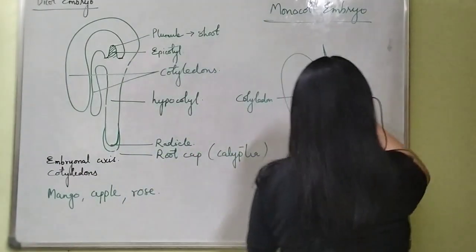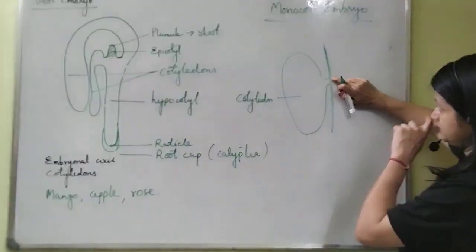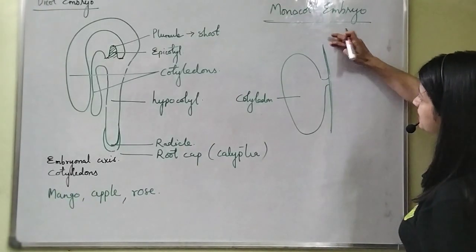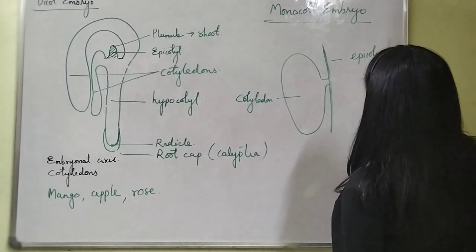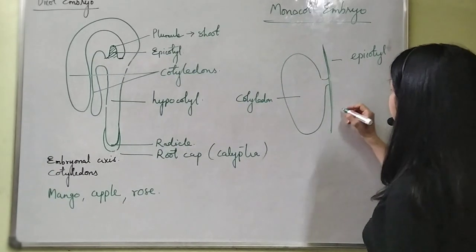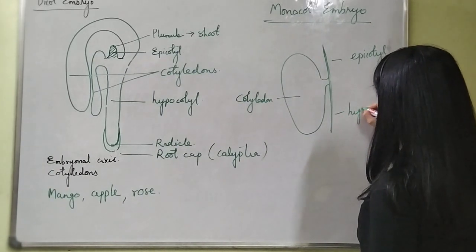This is embryonal axis. ये जो part है above the level of cotyledon, it will be called as epicotyle, and which is below it will be called as hypocotyle.